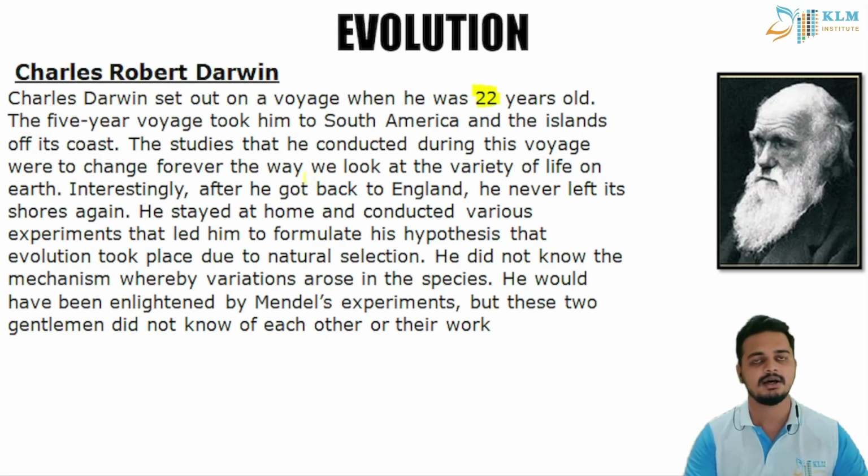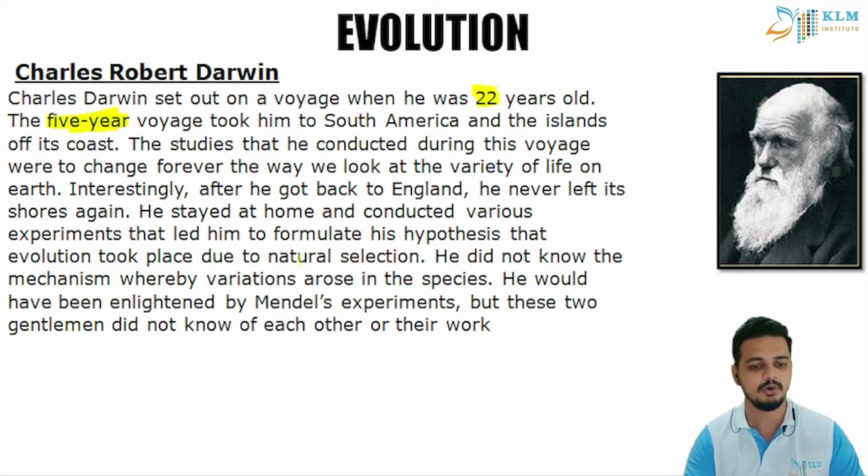Let's see. The 5-year voyage took him to South America and the islands off its coast. The studies that he conducted during his voyage were to change forever the way we look at the variety of life on Earth. Interestingly, after he got back to England, he never left the shores again.